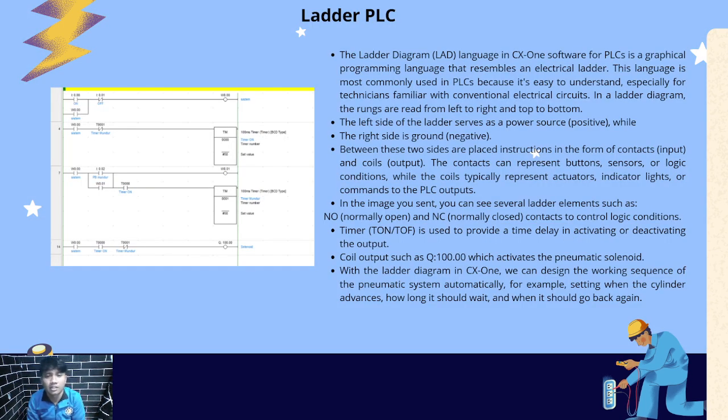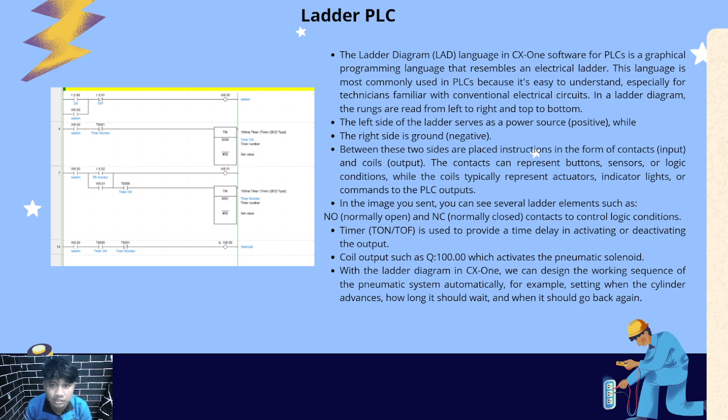Okay, the next slide: ladder PLC introduction and definition in schematic Text One. First, the ladder diagram, or LAD language, in the Text One software for PLC is a graphical programming language that assembles an electrical ladder.